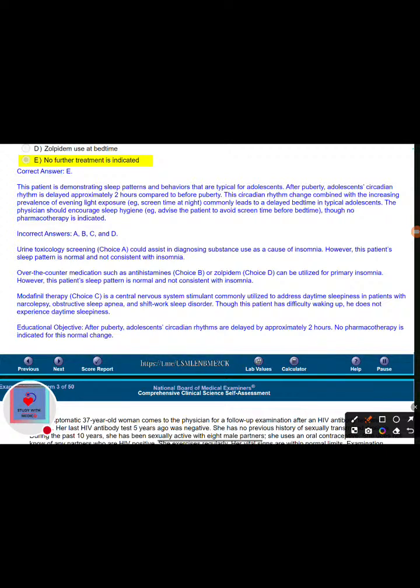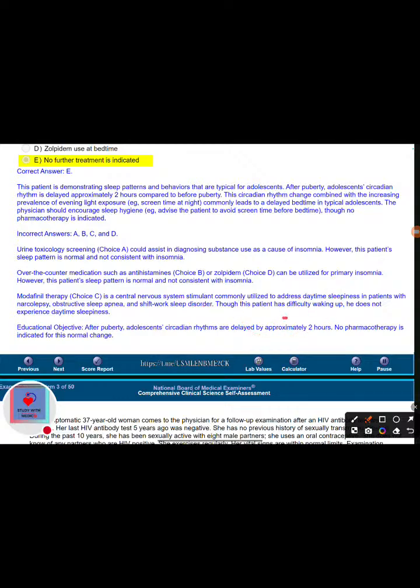Over-the-counter medications such as antihistamines and zolpidem can be utilized for primary insomnia. However, this patient's sleep pattern is normal and not consistent with insomnia. Modafinil therapy is a central nervous system stimulant commonly utilized to address daytime sleepiness in patients with narcolepsy, obstructive sleep apnea, and shift work sleep disorder.